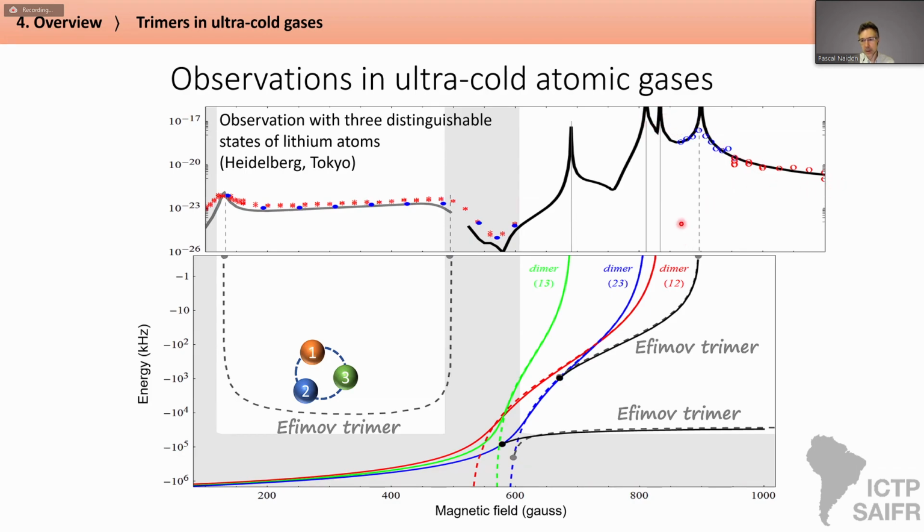And indeed, the experimenters were able to confirm this prediction by making measurements in this region, and that was in agreement with the presence of a peak here. So it's an interesting story how the experiments led to theory, which eventually led to experimental confirmation.